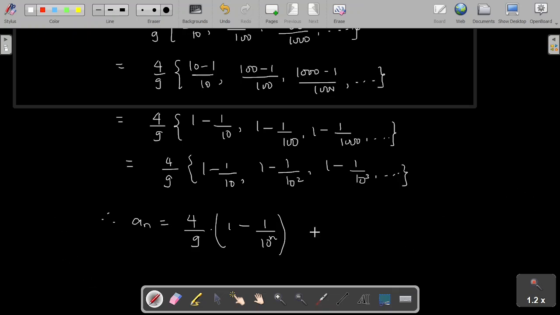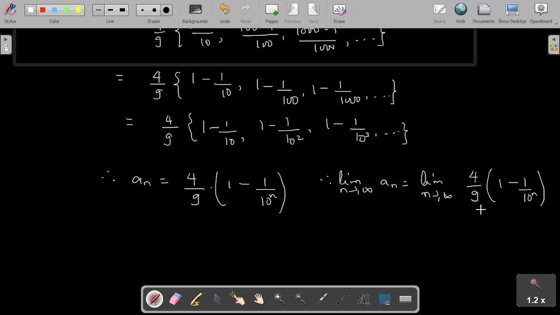We have to find the limit of this sequence. The limit of this sequence is obtained by applying the limit as n tends to infinity to the nth term. Therefore, limit as n tends to infinity of an equals limit as n tends to infinity of, substituting the nth term, 4 by 9 into 1 minus 1 by 10 to the power n. So as n tends to infinity, see, 1 by 10 is less than 1.